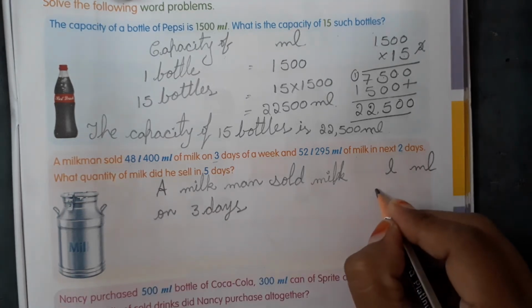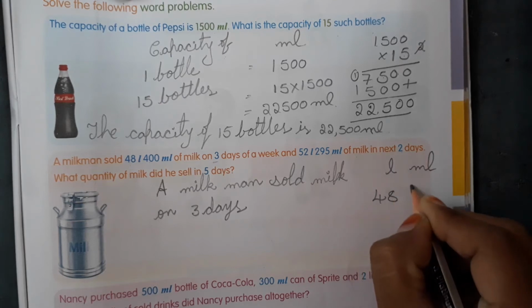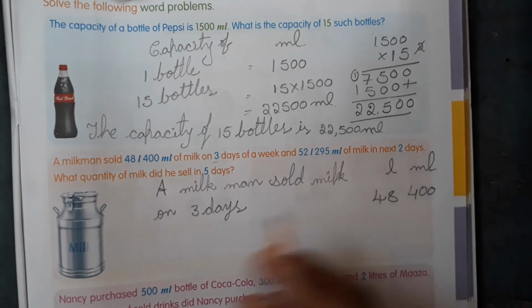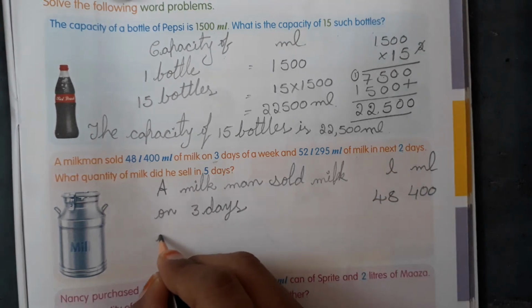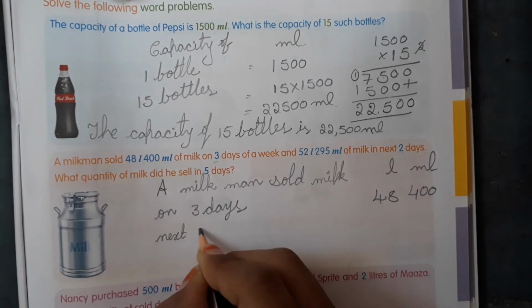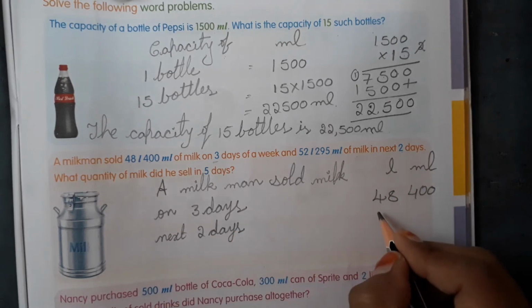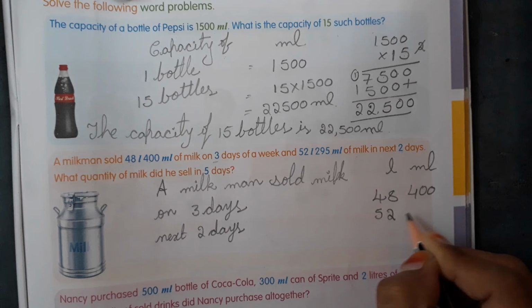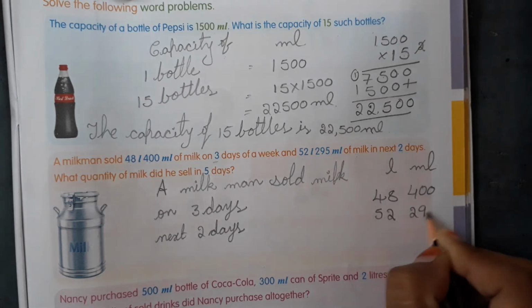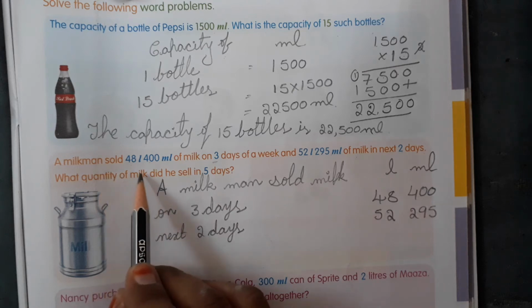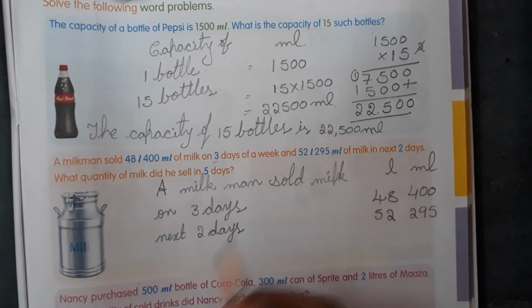How much quantity? 48 liters, 400 ml. And in the next 2 days, how much quantity? 52 liters, 295 ml. Now they are asking what quantity of milk did he sell in 5 days.